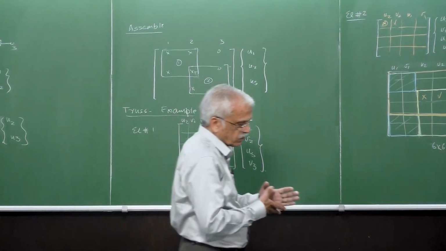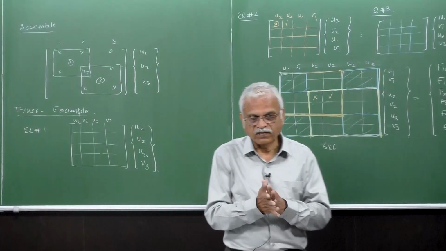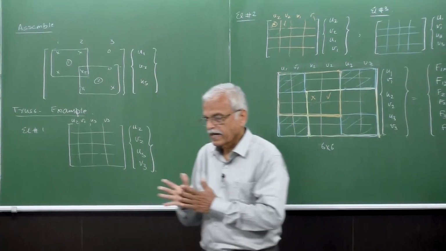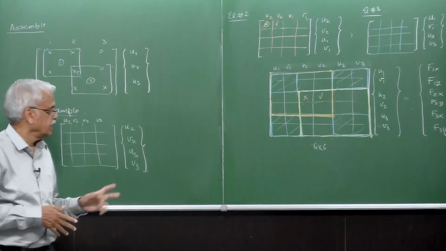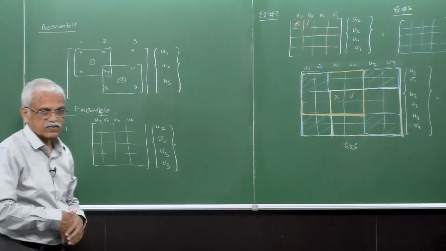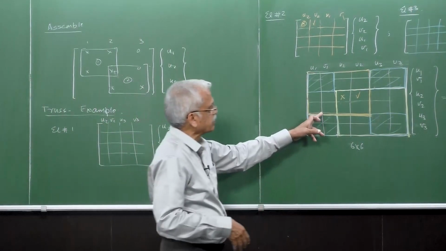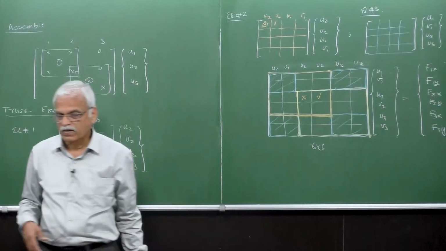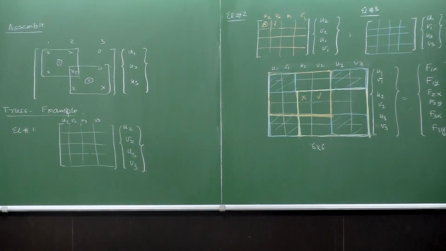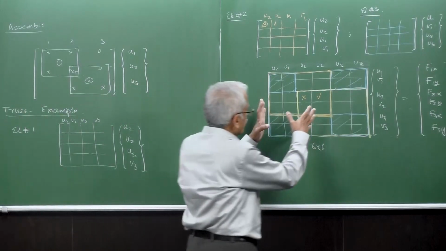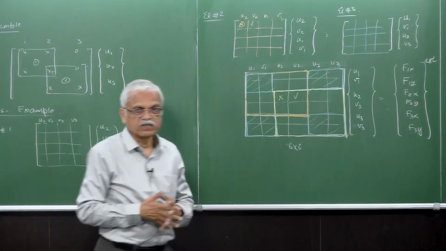What we have done so far is that we started off from element equilibrium equations, and then we found out each of these matrices, and then we assembled it here. So this is the assembly of the elemental equations into global equations by appropriately superposing the degrees of freedom. Okay.